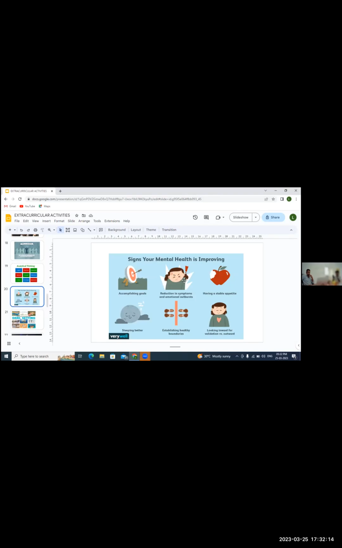Tanvi, when sir asked you the question about stress reduction, you said hearing music can relieve you. Hearing music is an extracurricular activity, Tanvi. I think it comes under hobbies, Anna. Okay, Tanvi.